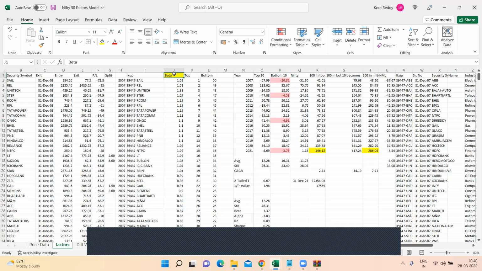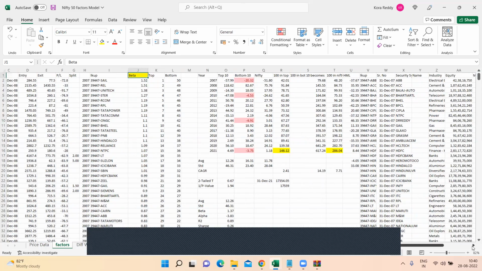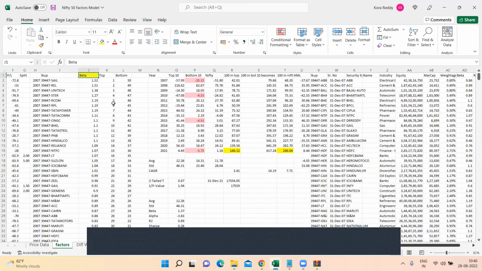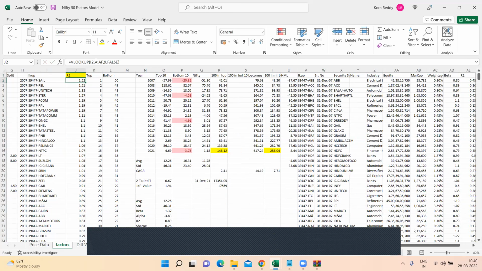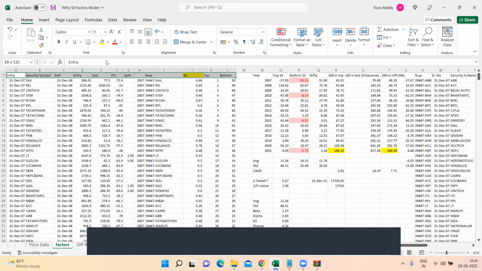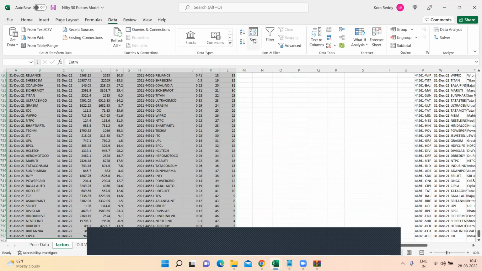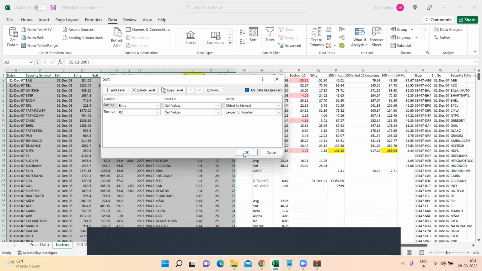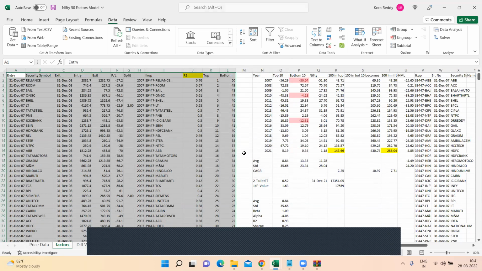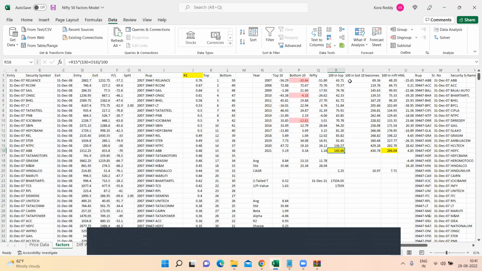Right, and then after beta you have the R square, right? Yeah, so R square, and this will become 10. And you do a quick sort. The same story: the highly correlated companies with the Nifty won't give you any returns.